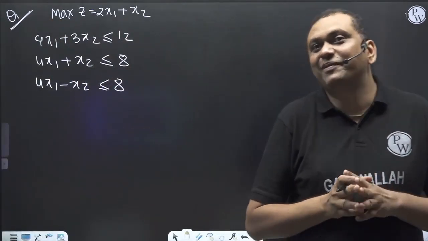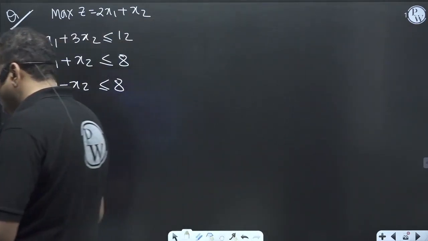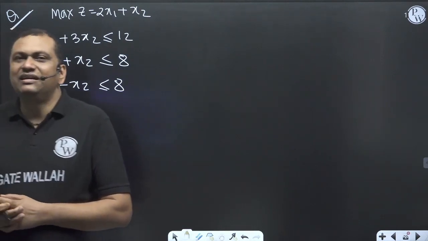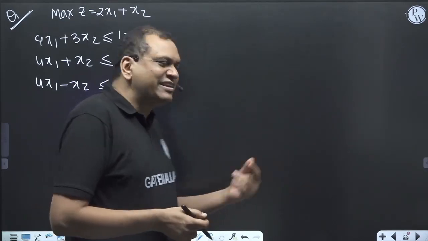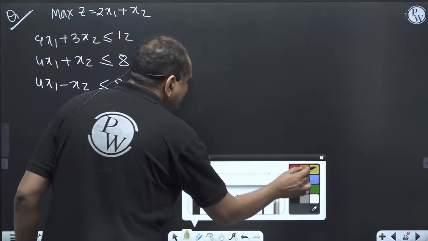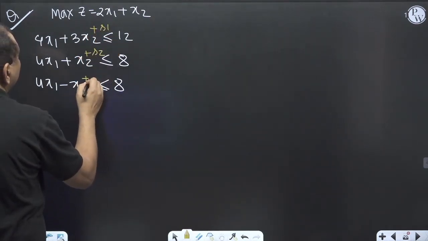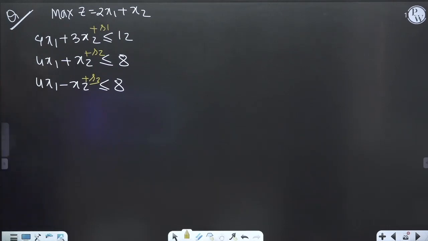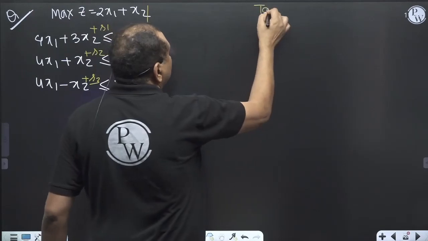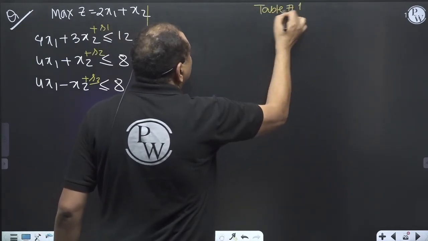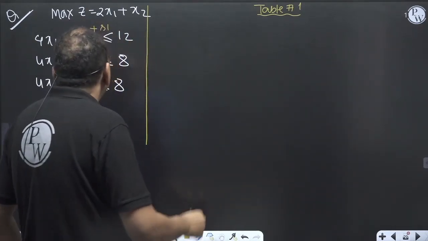It's another very beautiful problem. I will not go into the nitty-gritty details every time. Directly I will say S1, S2, S3, all slack variables. Let us make the table, because here I want to teach you a very important concept. That is the reason I'm taking up this problem.